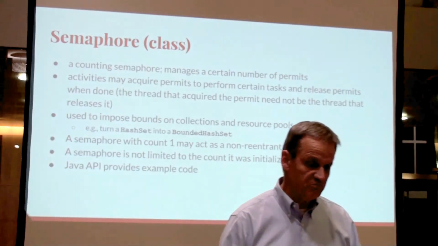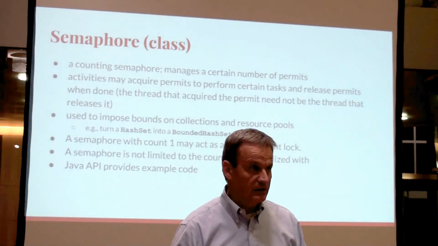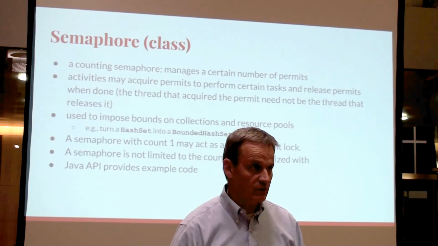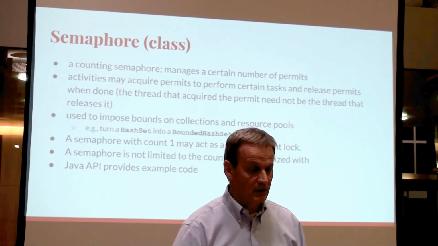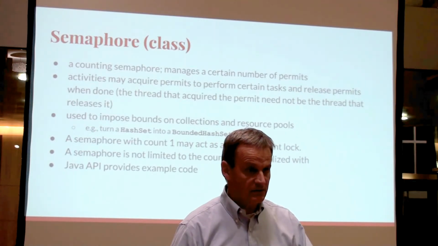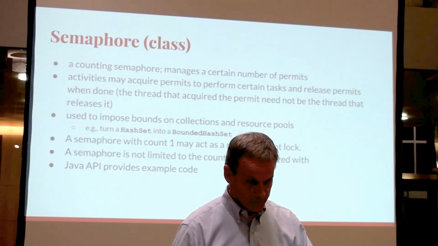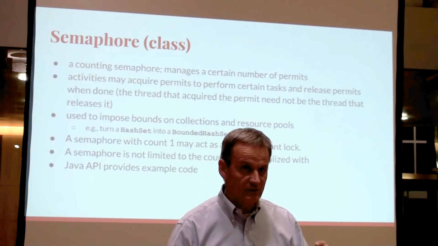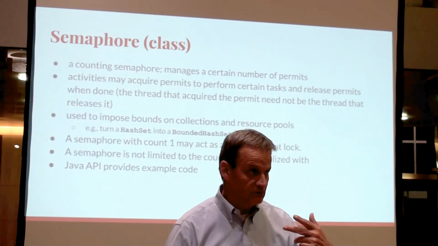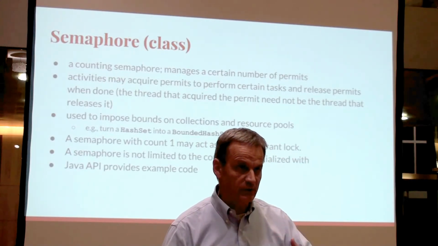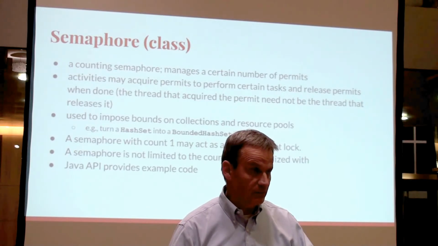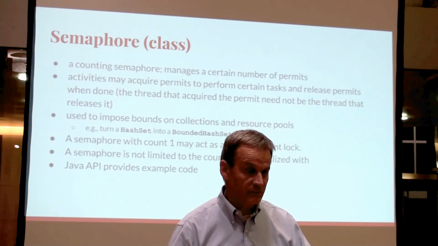Semaphore, it's a counting semaphore. It distributes permits, and an activity has to acquire a permit in order to do something, and then when it's done it can release the permit. It's not actually a physical permit, it's just a number, and the semaphore keeps track of the number of acquired permits and the number of released permits.